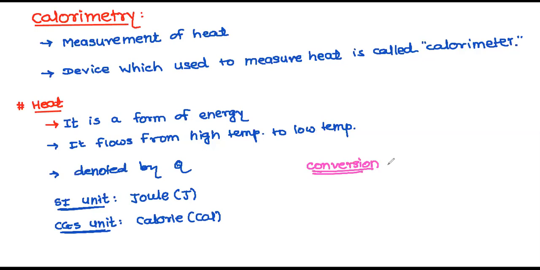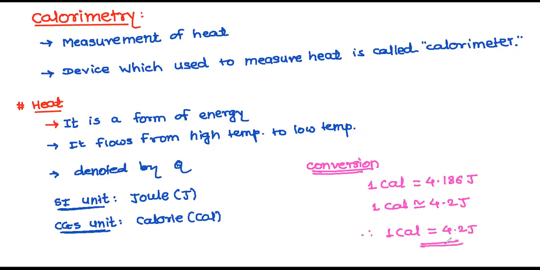We know 1 calorie is equal to 4.186 joule. If we round off, this is approximately 4.2 joule. So for conversion from CGS to SI, you can use 1 calorie equals 4.186 joule, or rounded off, 1 calorie equals 4.2 joule. Note this down.